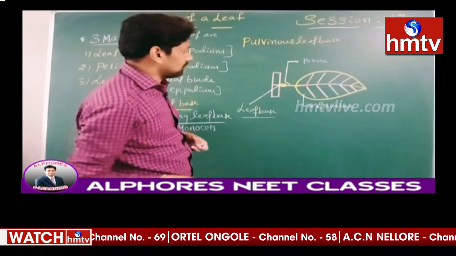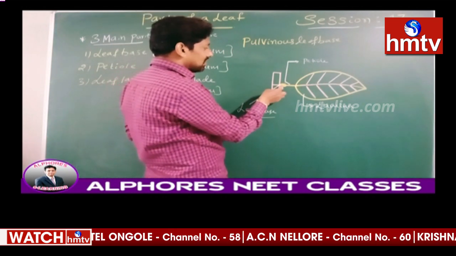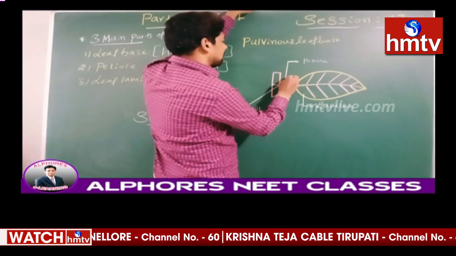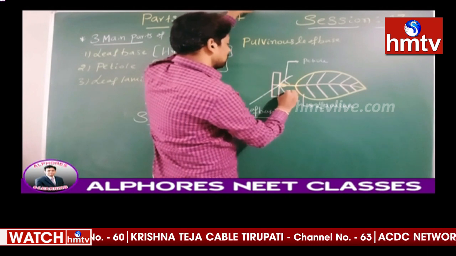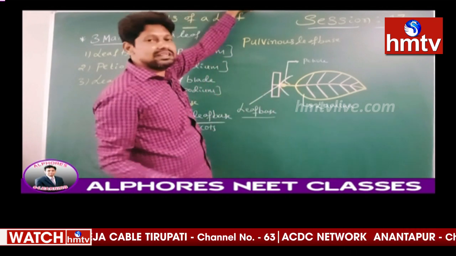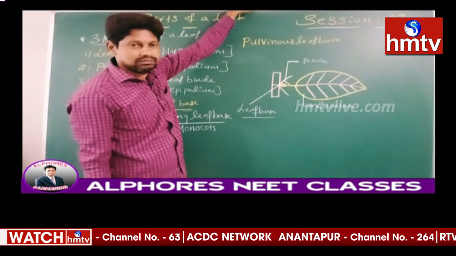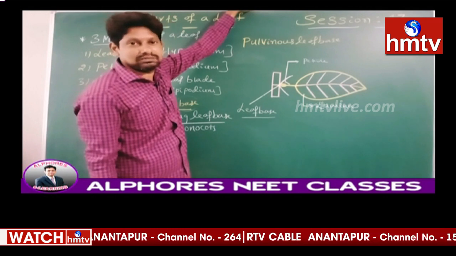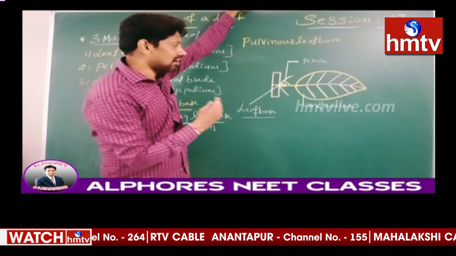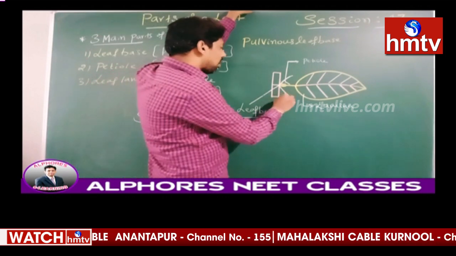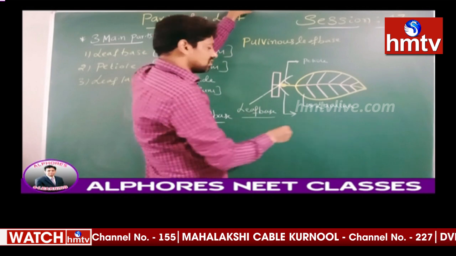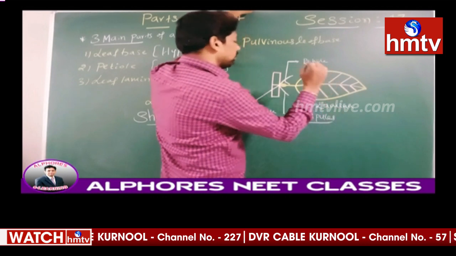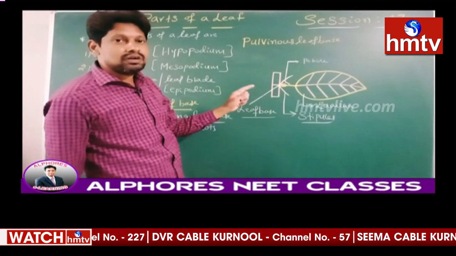Now listen to the statement. On either side of the leaf base, two small green leaf-like structures are present. These two small green leaf-like structures are called stipules.